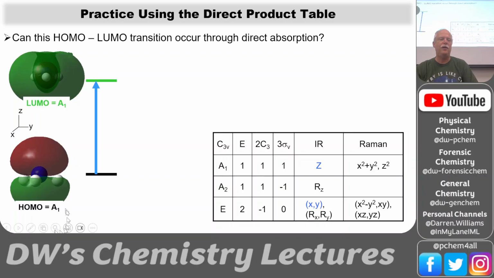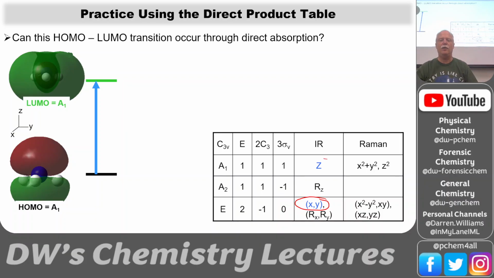So in this case, the highest occupied molecular orbital is A1, and the lowest unoccupied molecular orbital is A1. And what kind of light can cause this transition? Well, this is interesting because we now have a split. We have a 3-dimensional system here, so we don't just have X, we have Y and we have Z. X and Y both have the same symmetry, so it doesn't matter if I come in with X symmetry or Y symmetry, that's going to be E. So that's one set of problems.